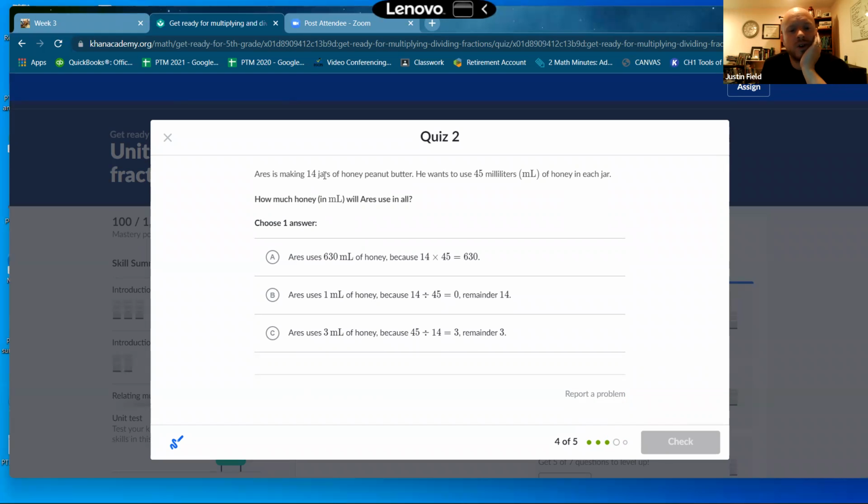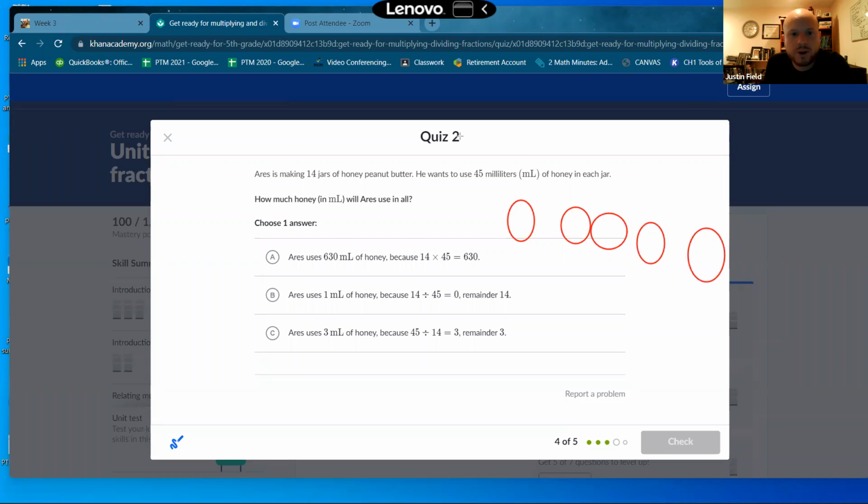All right. Eris is making 14 jars of honey peanut butter. He wants to use 45 milliliters of honey in each jar. He's making 14. He wants 45 in each jar. He's making a lot of jars, isn't he? And how much are we going to put in each jar?